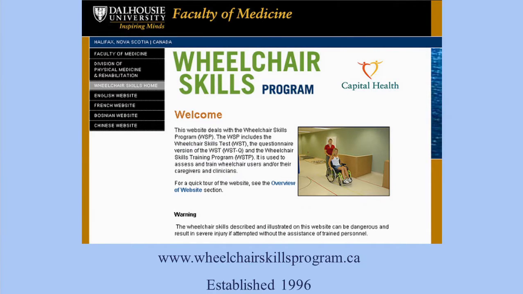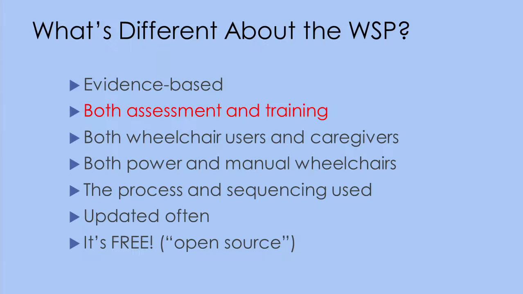And so they have a whole wheelchair skills program, and it's a wonderful website. It is wheelchairskillsprogram.ca. That's as simple as it is. And that website has not just for power assist, but for any power and manual wheelchair skills, sort of a checklist, if you will.